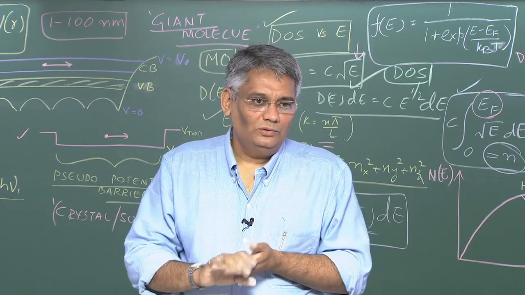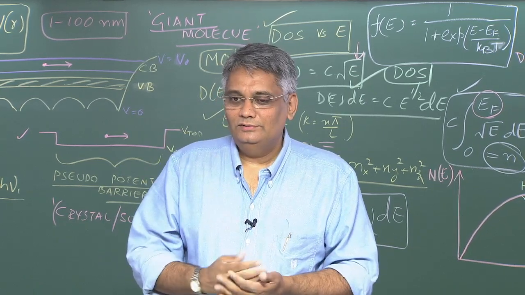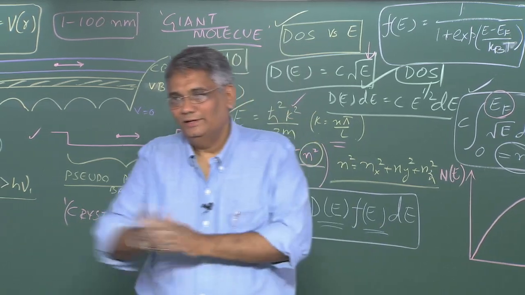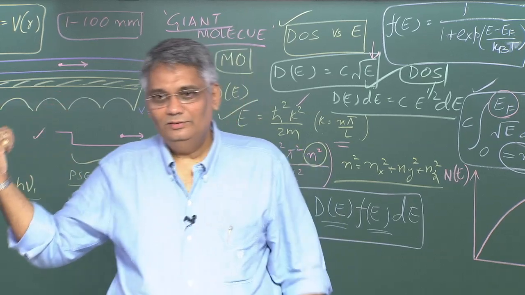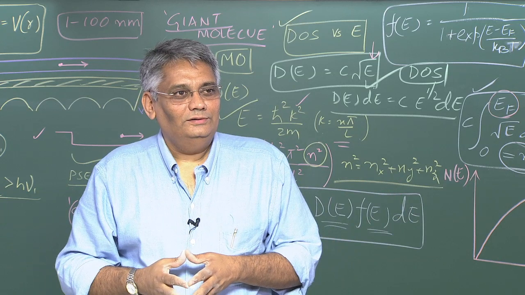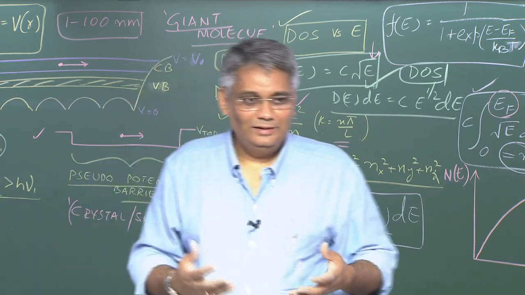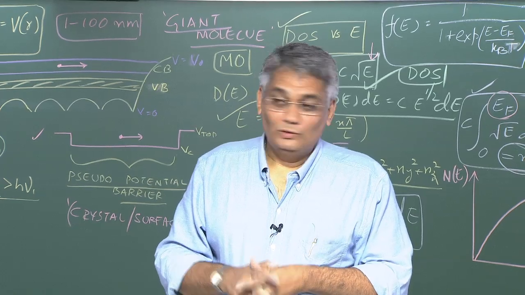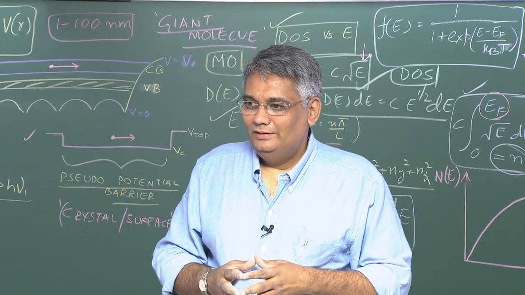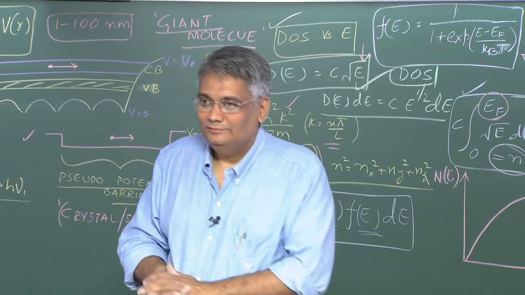So we'll see tomorrow how the density of states varies for 2D, 1D and 0-dimensional systems, and what their implications are. Obviously, from the example where we clearly see the blue shift, band gap change, band gap engineering, it looks like the density of states has to vary as a function of energy when you cut the system down to the nanoscopic range. Okay, we'll see that tomorrow.